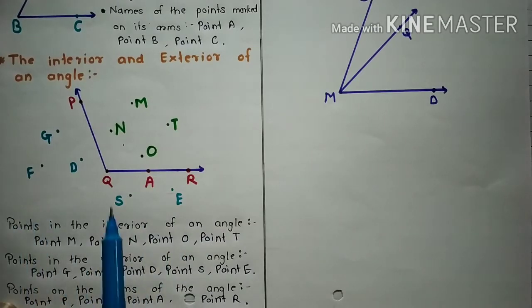In this way, we can write the points in the interior of an angle, points in the exterior of an angle and points on the arms of an angle.